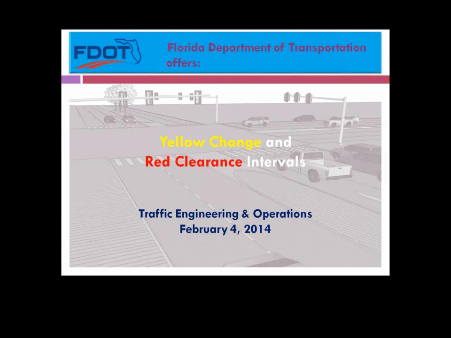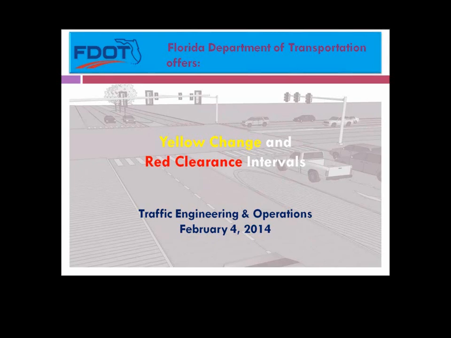So basically, yellow change interval is defined as the time it takes to warn traffic of an impending change in the right-of-way assignment. And of course, red clearance interval provides additional time following the yellow change interval so that the intersection can be cleared and there's no conflicting traffic sitting in the middle of the intersection.